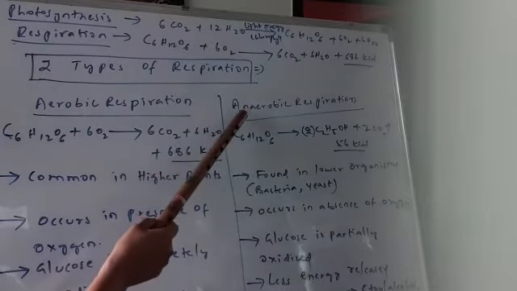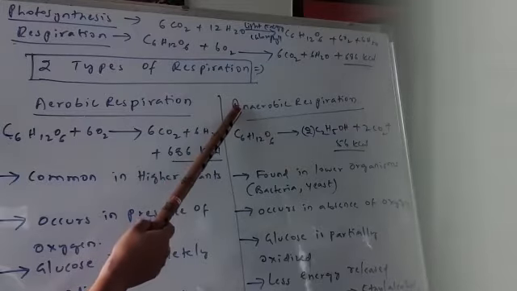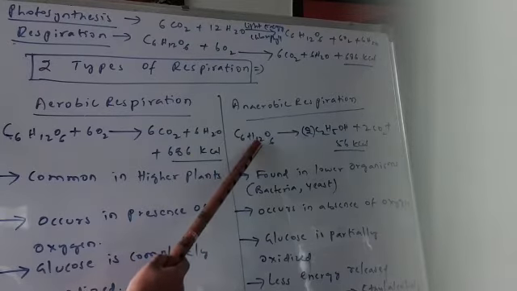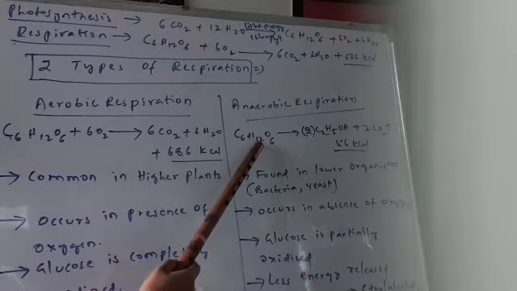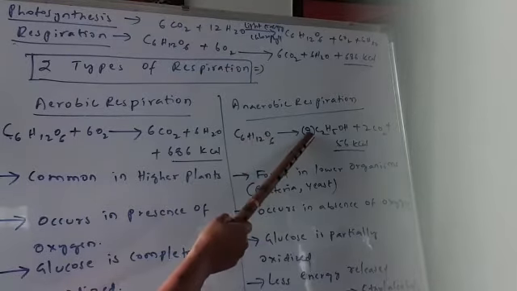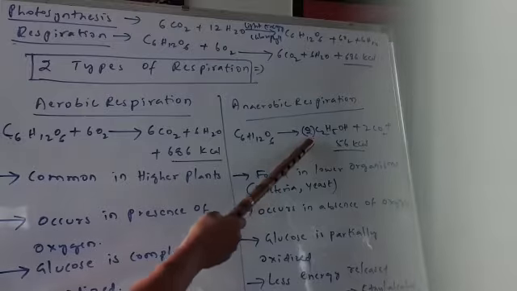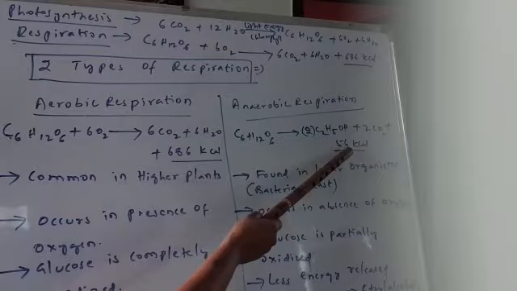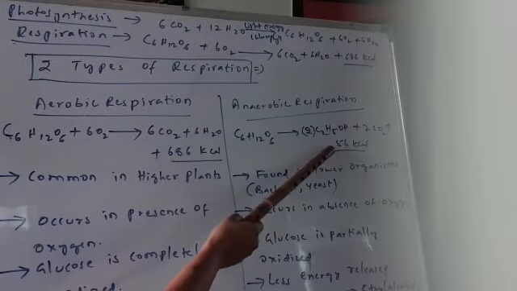Now let's understand anaerobic respiration. Here also the glucose is broken down, but in the absence of oxygen. In the absence of oxygen, the glucose molecule is broken down to release 2 molecules of ethanol, 2 molecules of CO2, and 56 kilocalories of energy.